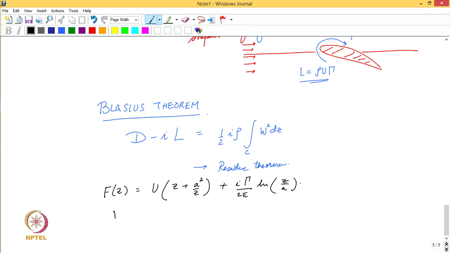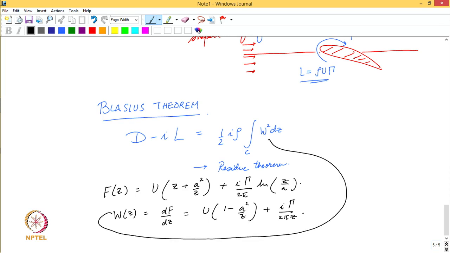So, the complex velocity is w, which is df dz, is u times 1 minus a square by z square plus iota gamma by 2 pi z. What we need in the residue theorem is a square of this velocity. So, we just square w.